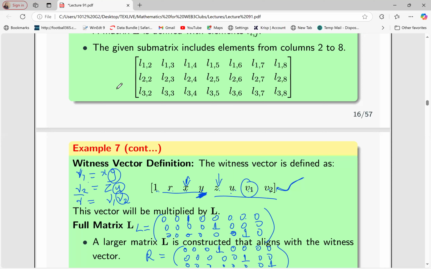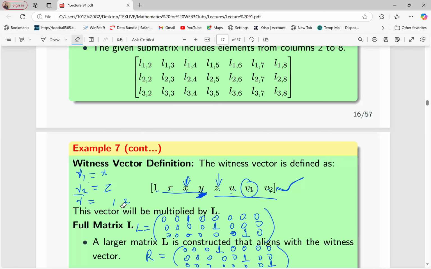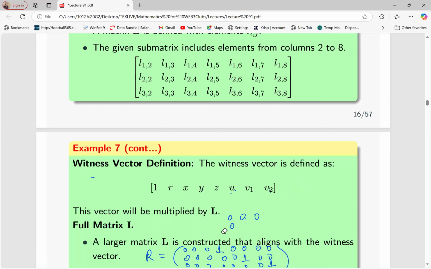Now, what about the output? Again, the same procedure: looking at the left side, what was the output for the first equation, the first row? The second row, what was the output? The third row, what was the output, and so on.